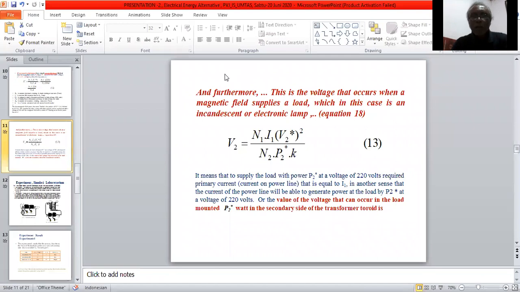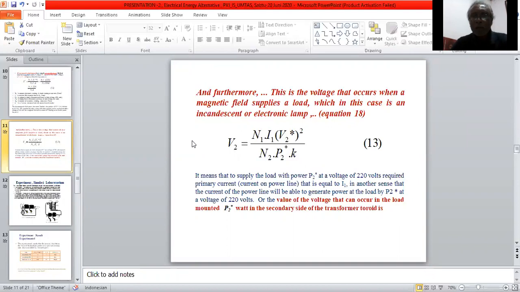Next, and furthermore, this is the voltage that occurs when a magnetic field supplies a load, which in this case is an incandescent or electronic lamp, see equation 18.